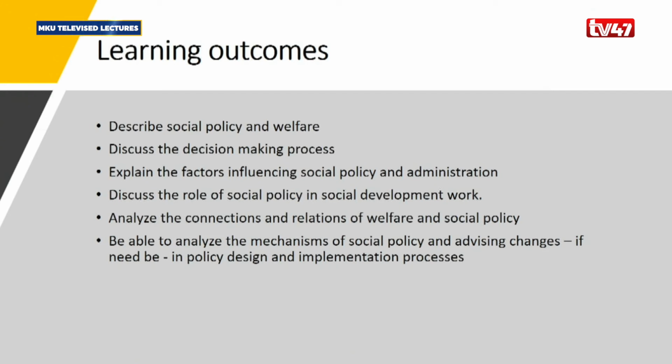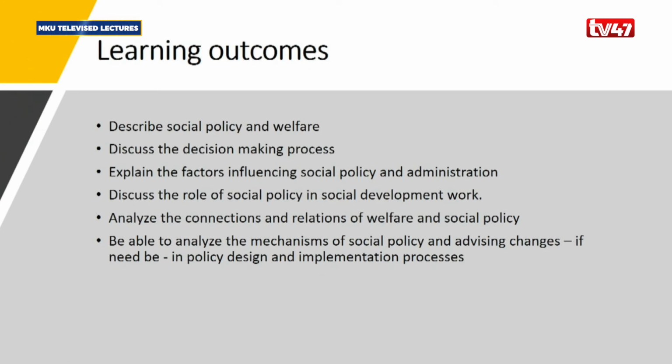Then, once you have gone through this unit, you should also be able to discuss the decision-making process within the context of coming up with a social policy and implementing or administering this social policy. When it comes to the decision-making process, you'd find that when you are coming up with a social policy, you have different stakeholders involved in the process.